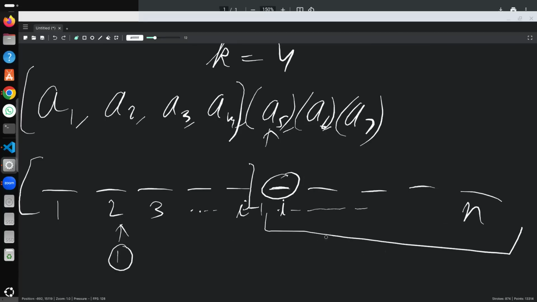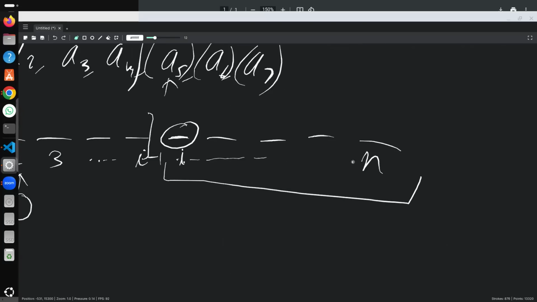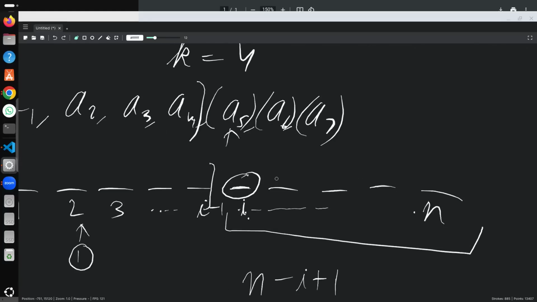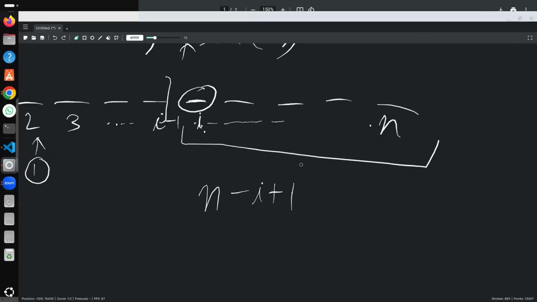So how many remaining elements are there? There are the elements from I to n, which is n minus I plus one remaining elements. And from them, we need to make k minus one segments. So in the limiting case, every element is in a different segment, right? So the number of elements is equal to the number of segments: n minus I plus one equals k minus one.